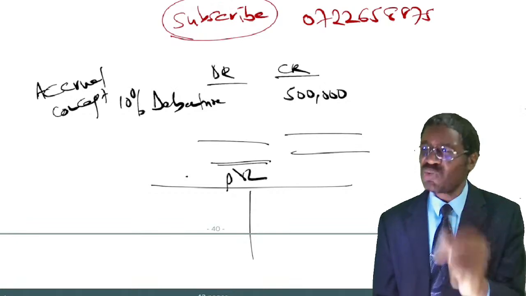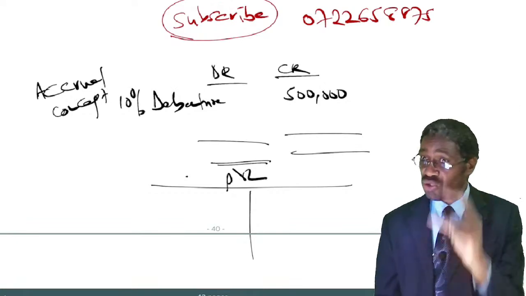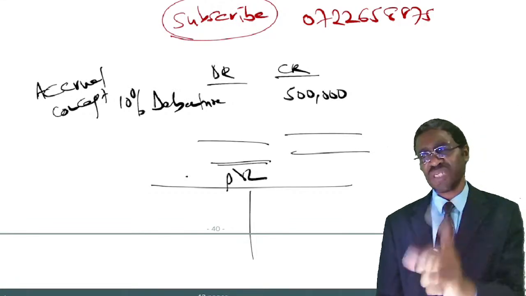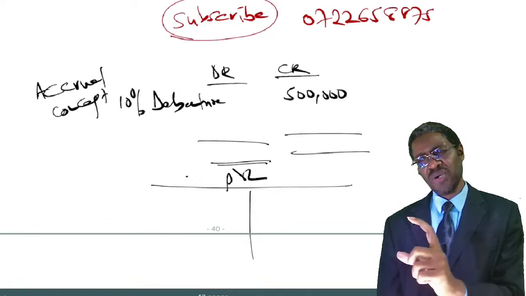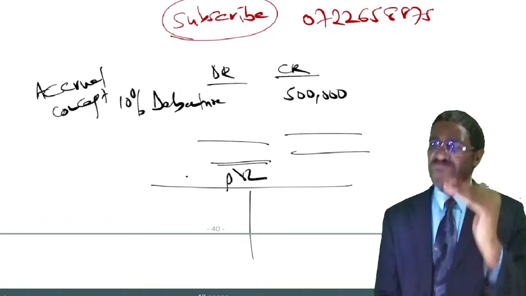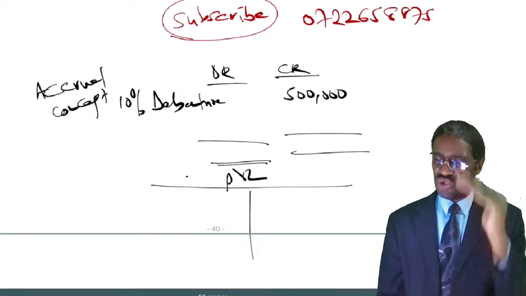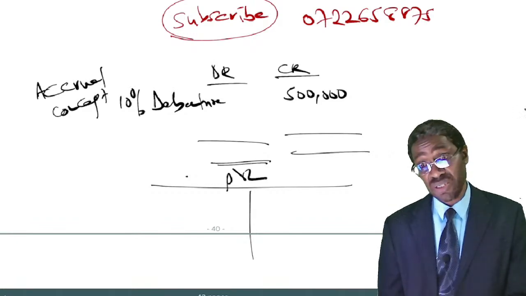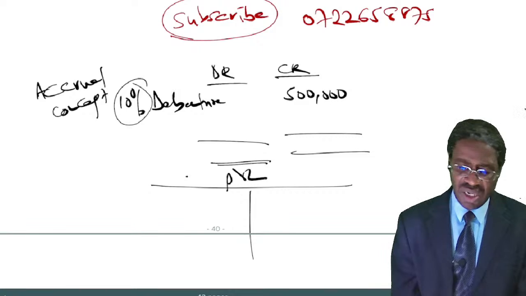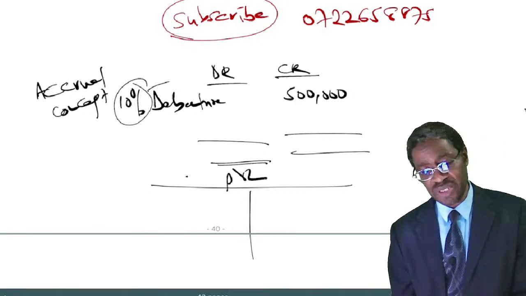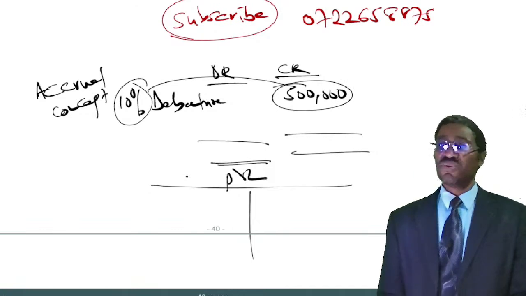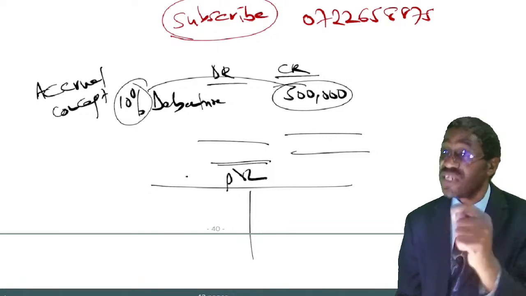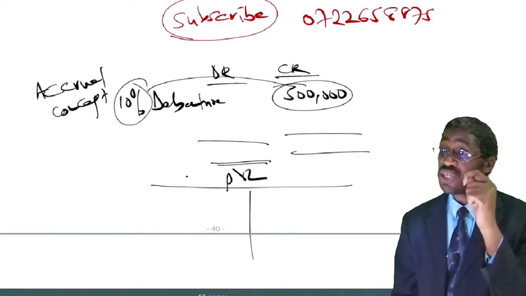So if your company has a 10% debenture, whether you have paid interest to the debenture holders or not, you were supposed to have paid them this year. Every year, you're supposed to pay them at a rate of 10% on the value of the debenture, which is 500. So every year, you're supposed to pay them 50,000 shillings.